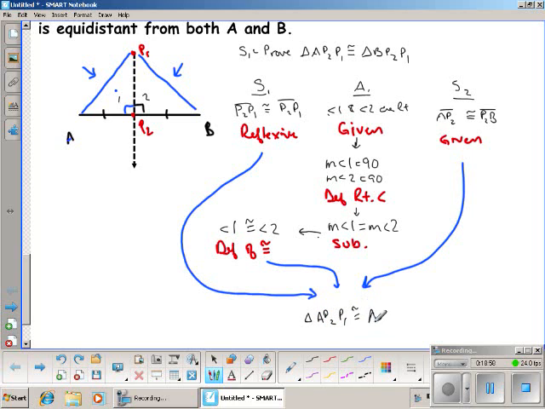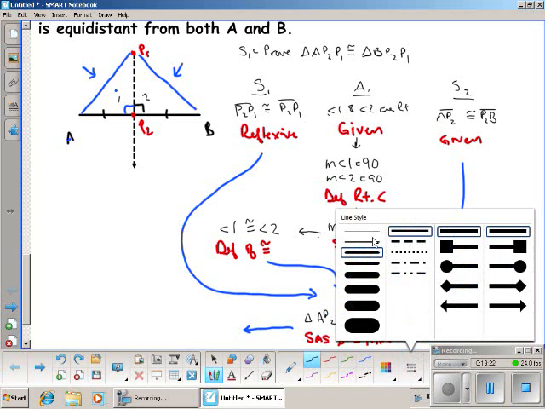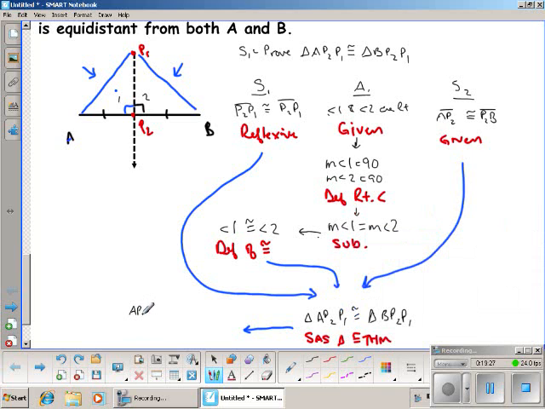Now that these triangles have been shown to be congruent, well, I was really only after these two sides, but I know for a fact that if these triangles are congruent, then all corresponding sides and angles are congruent. So that includes the two I wanted in the first place. So I can certainly claim then that AP2 is congruent to P2B, and that's going to be because of CPCTC. Corresponding parts of congruent triangles are congruent, which is also known as a definition of congruent triangles. Okay. So this is the part I was after, showing those two pieces are going to be congruent.